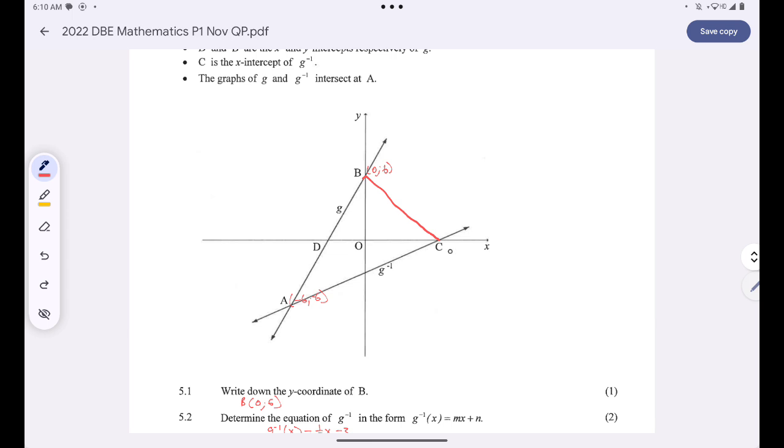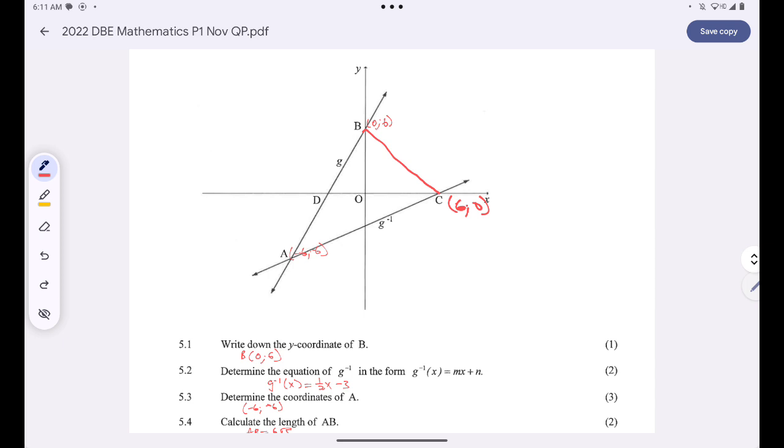The coordinate of C, guys, remember that C is on the inverse of g. Whatever happens on y for the graph of g will happen on x for the graph of the inverse of g. So my coordinates will be (6, 0) over here. But you can calculate, since you have the equation, you'll definitely find that.